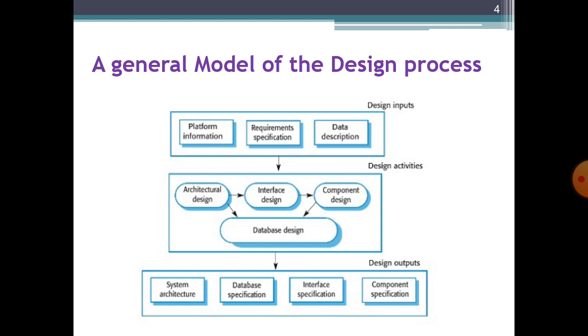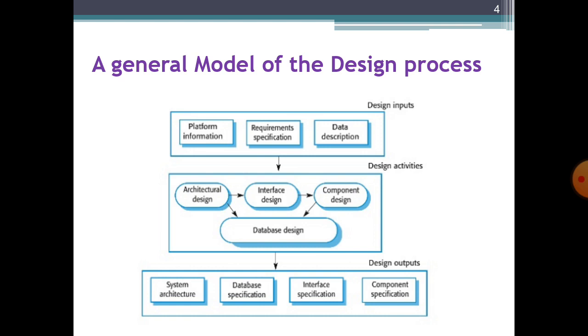Now in this diagram we see a generic software design process, which contains design inputs, and these design inputs go into design activities. In these design activities we have four basic components: architectural design, interface design, component design, and database design. From these design activities we get different design outputs, which are the documents produced as outputs from this design process.